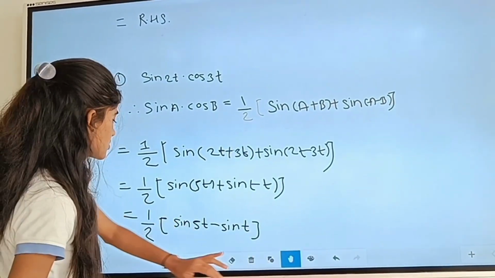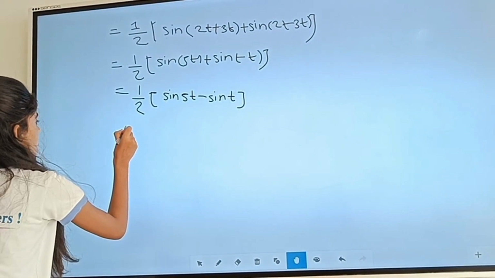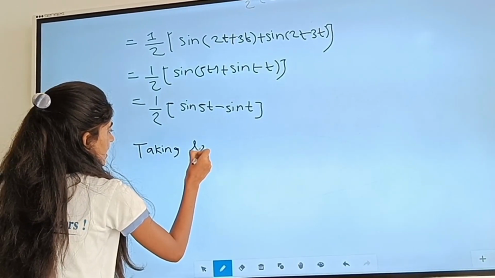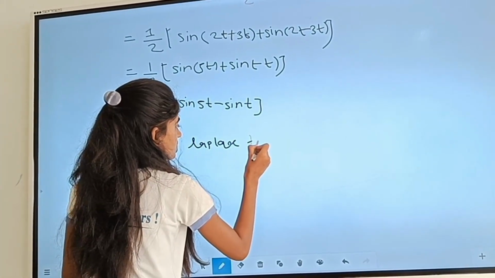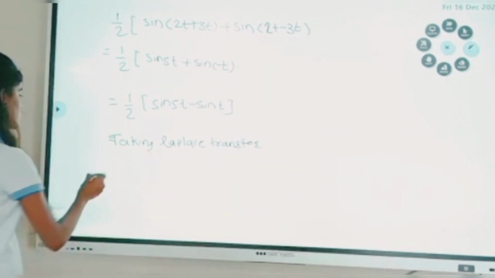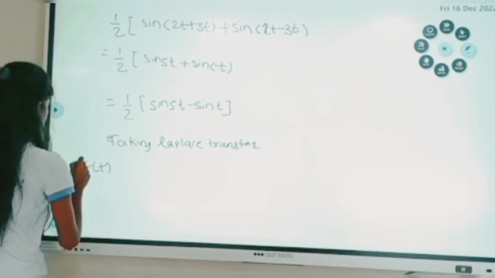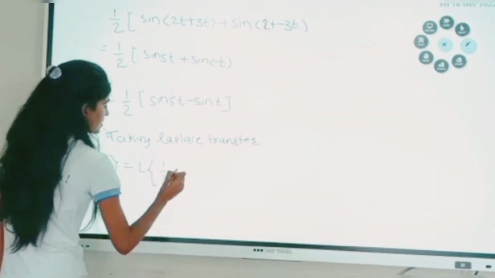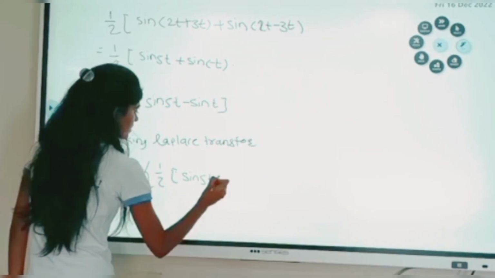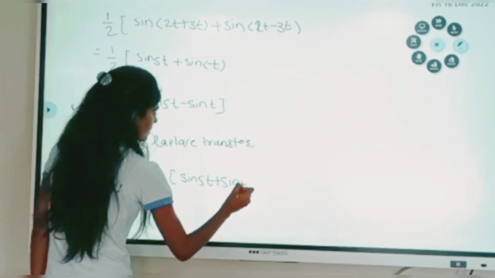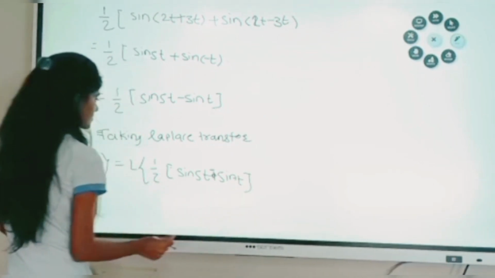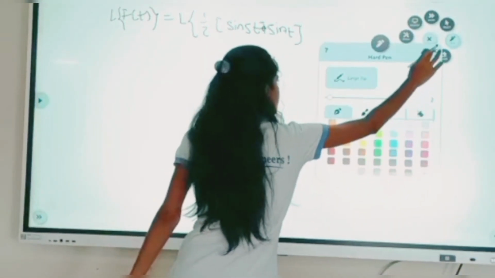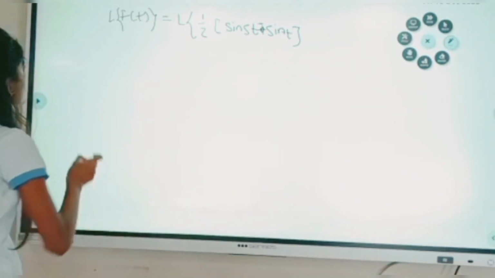So taking the Laplace transform of this function, Laplace of f of t is equal to the Laplace of 1/2 of sin 5t minus sin t.